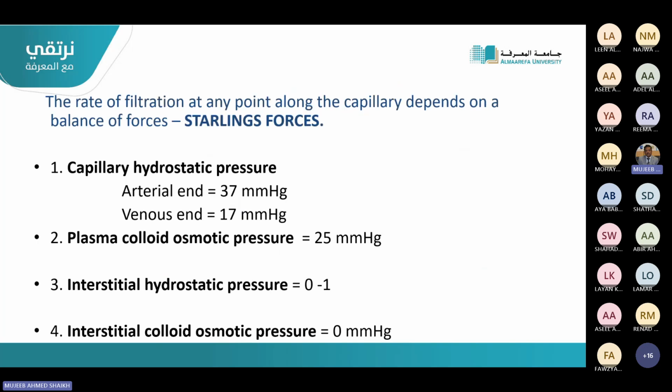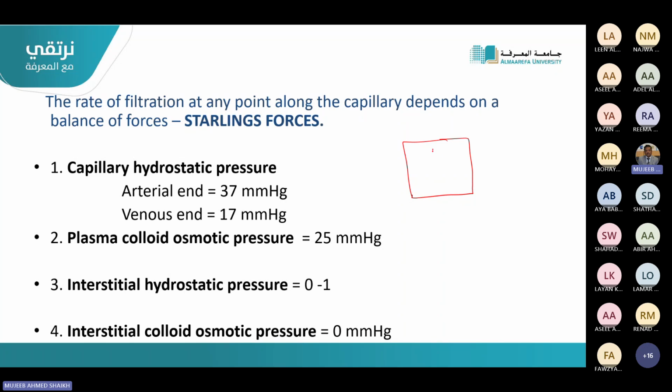Okay, because of this unequal distribution of water, electrolytes, chemicals and proteins, a special force develops. What is this force known as? This force is known as Starling force, and there are two components of the Starling force. Suppose this is a cell. Two types of pressure or forces develop.